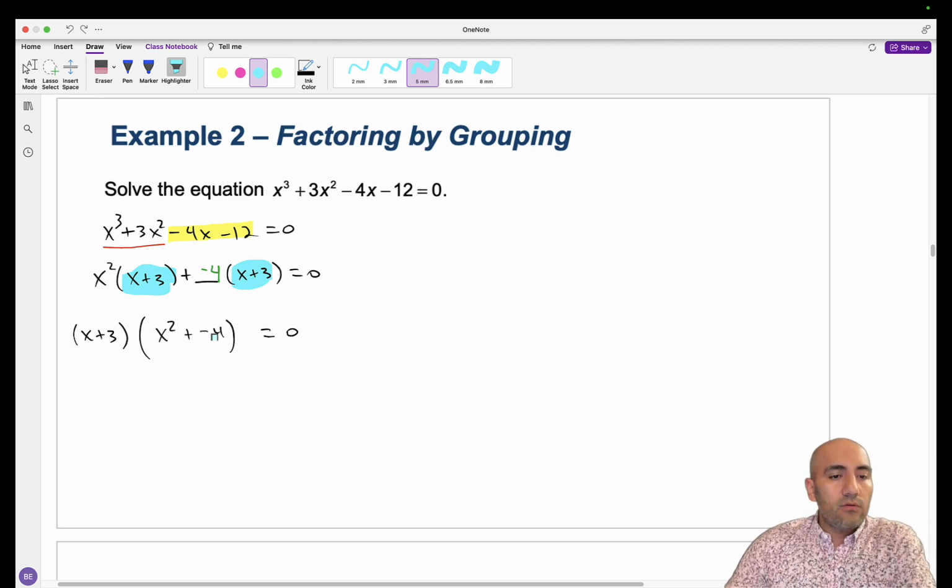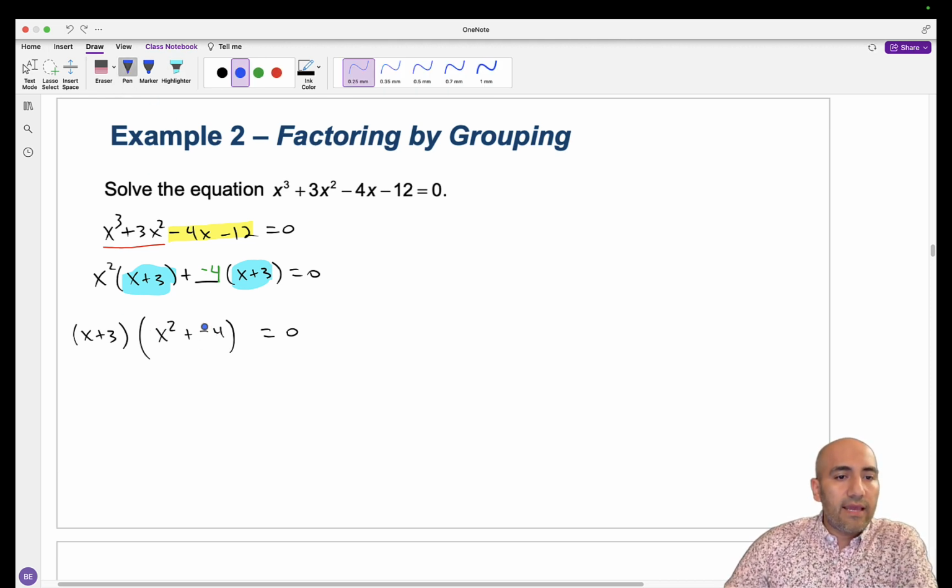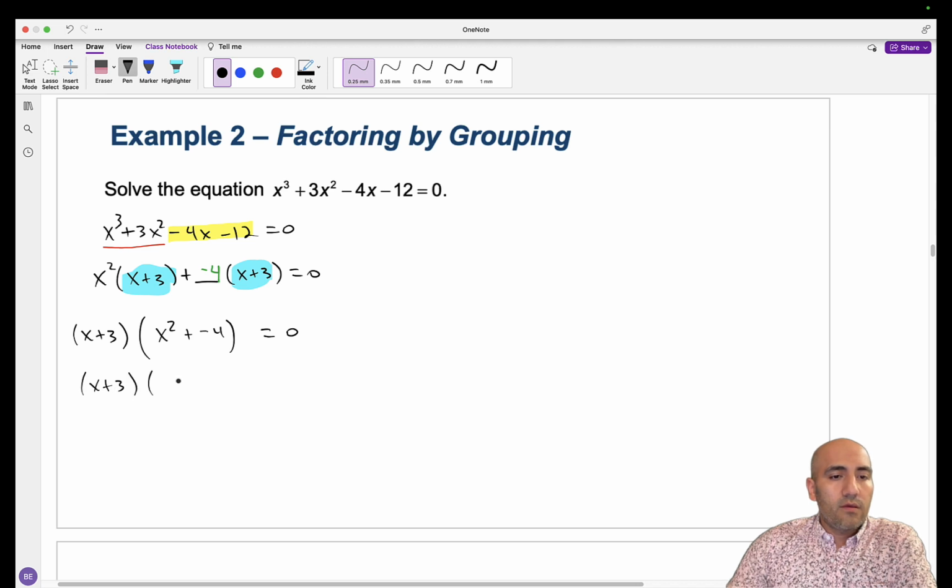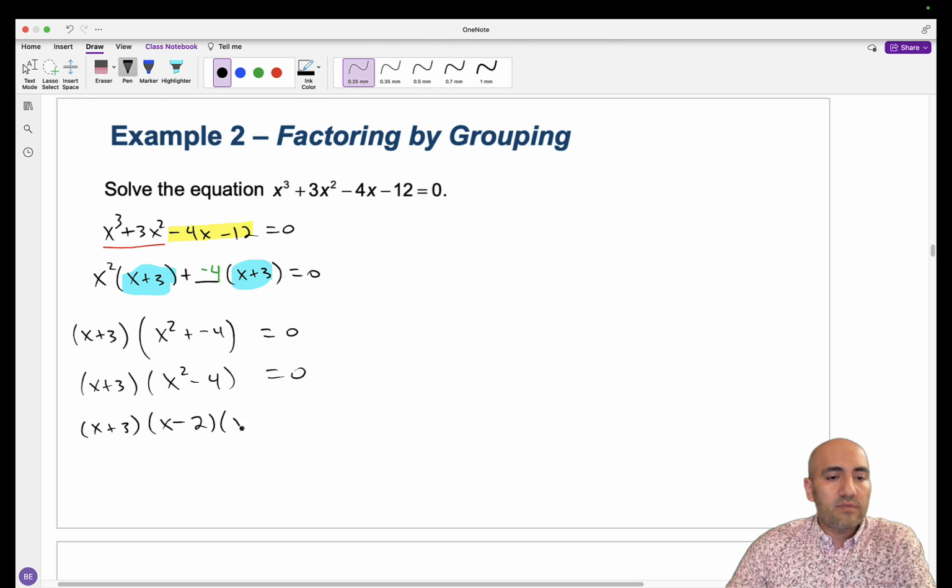Okay, so now let's rewrite this as a subtraction of 4, and then we notice that that's a difference of squares. So if we have x plus 3 times x squared minus 4 equal to 0, then this becomes x plus 3 times x minus 2 times x plus 2, right?